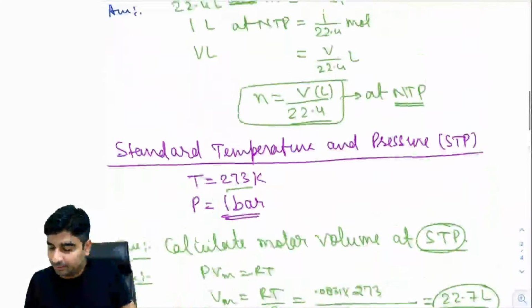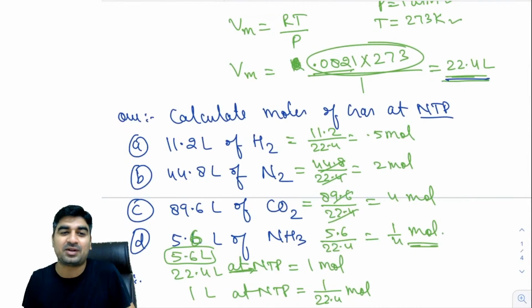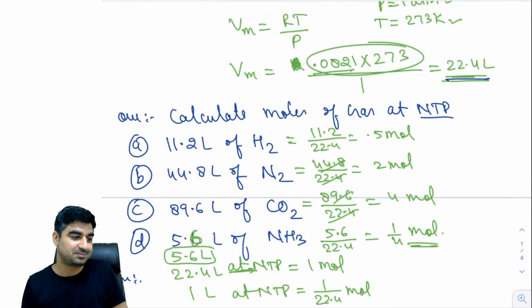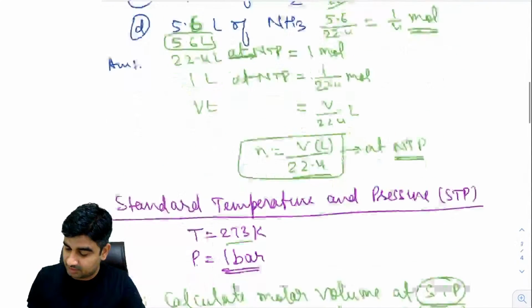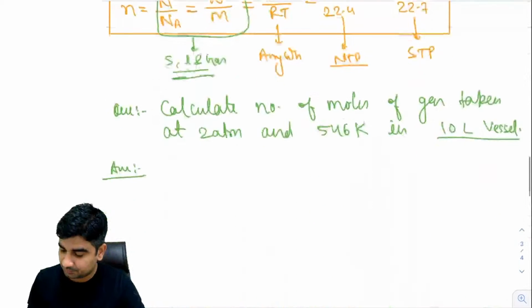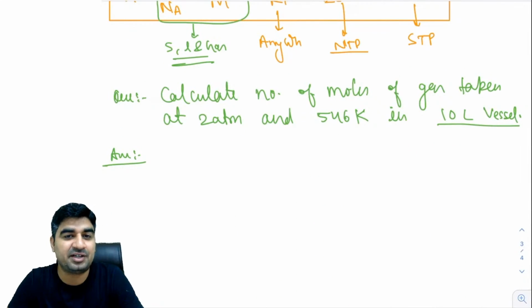It would be better if you all remember these things, that this is equal to 22.4. It's important because it will come recurrently. Yes, just do it. Let's see who solves it. Here I have not mentioned NTP or STP.